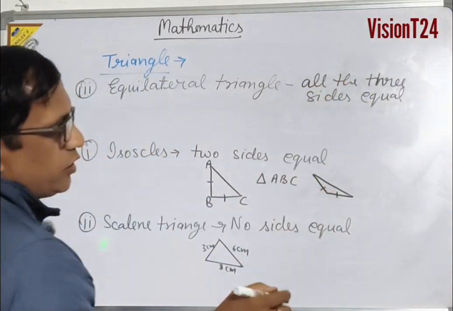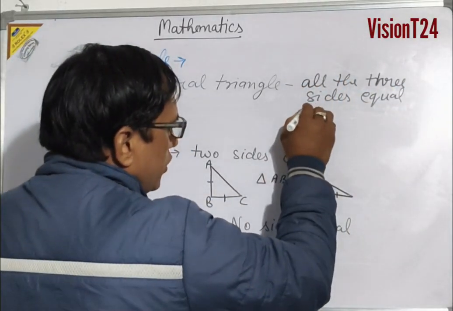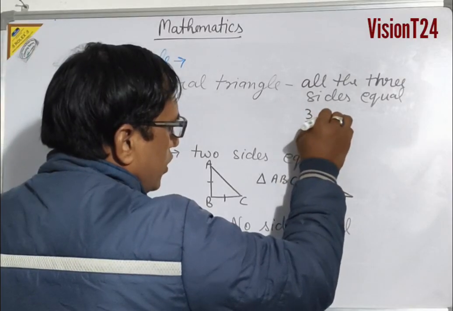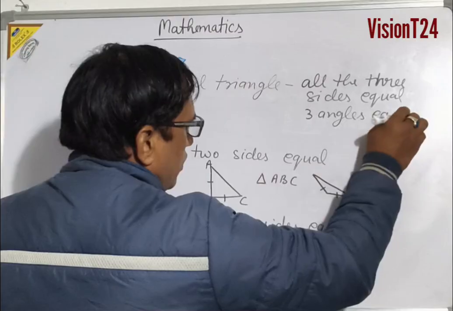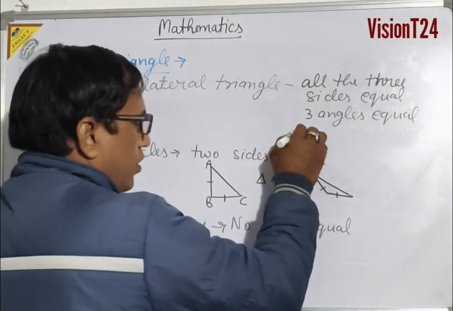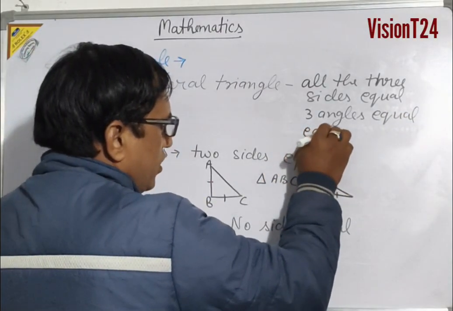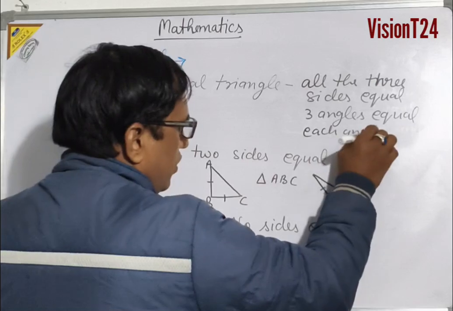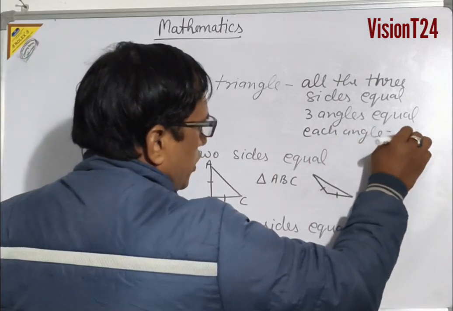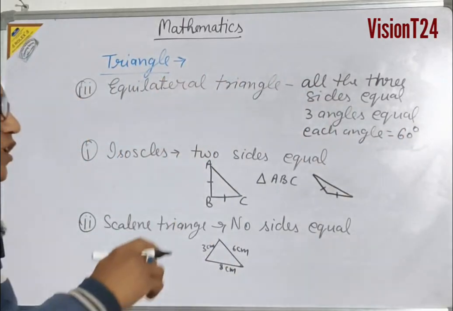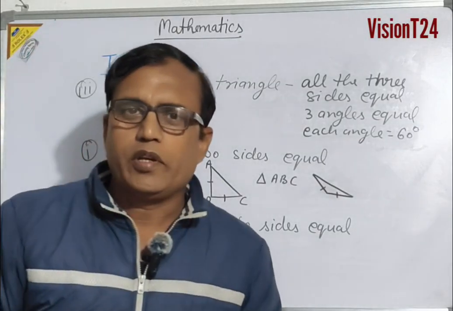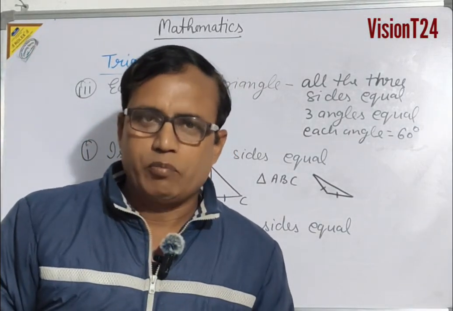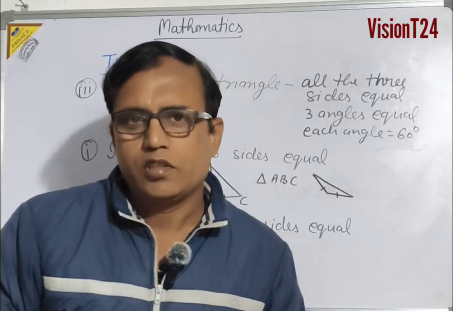If all the three sides equal, it means there will be three angles equal also. And each angle will be 60 degree because I will tell you the sum of interior angles of triangle that is 180 degree. So if all the angles are similar, that will be 60, 60, 60.